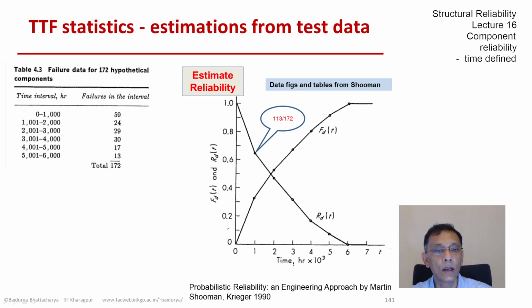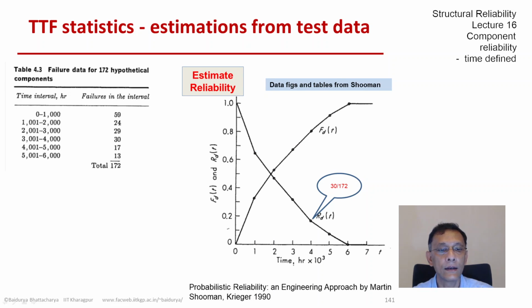So that's 113 over 172, and so on. We don't need to trace all the points. We get the idea. At the end of 4000 hours, there are 30 items surviving, so that's 30 over 172. At the end of 5000 hours, 13 items are surviving, as we see from the table. So that is the reliability, 13 over 172. And at the end of 6000 hours, they have all failed, so the reliability comes down to 0.